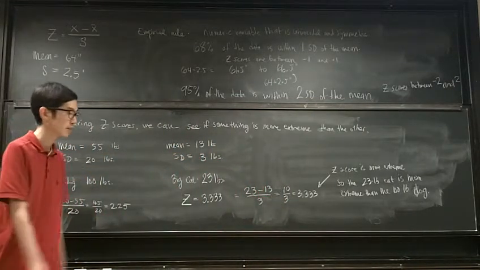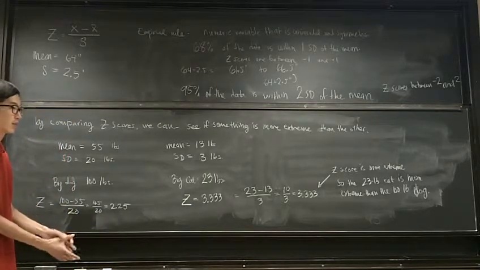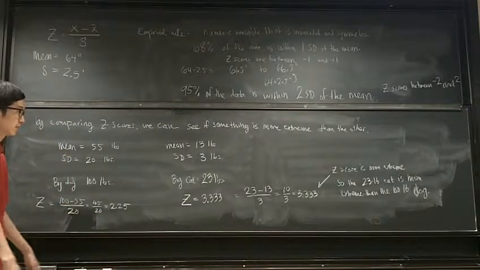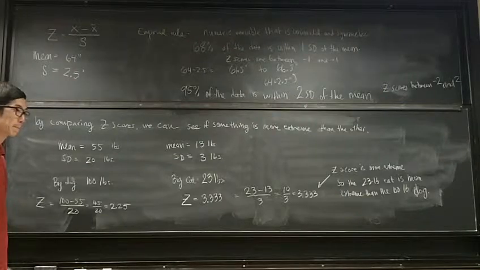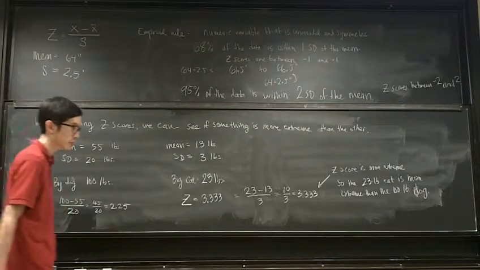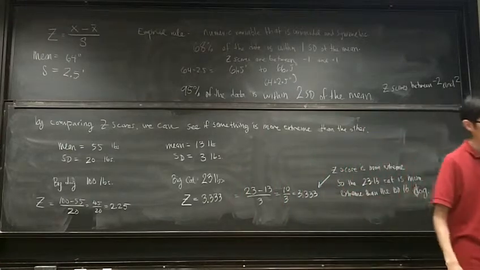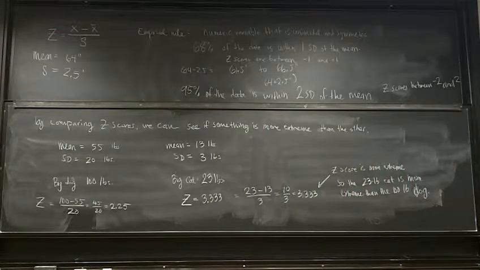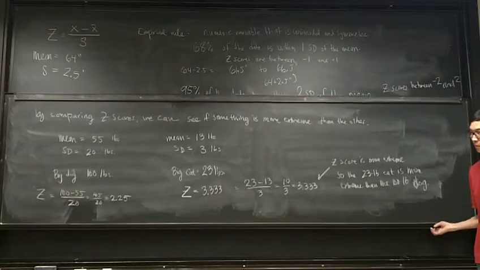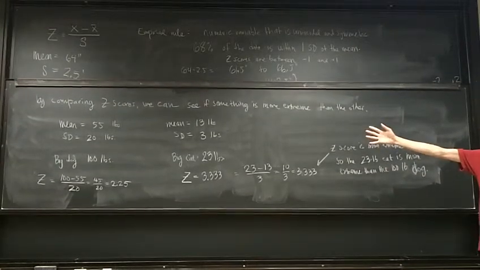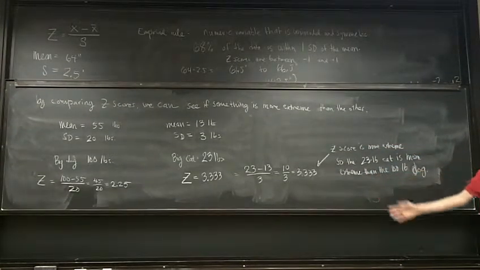When you ask for z-scores, will you provide a mean and a standard deviation? Yeah, I'll give you a mean and standard deviation. And if I give you this problem, you've got to be able to give me a z-score.